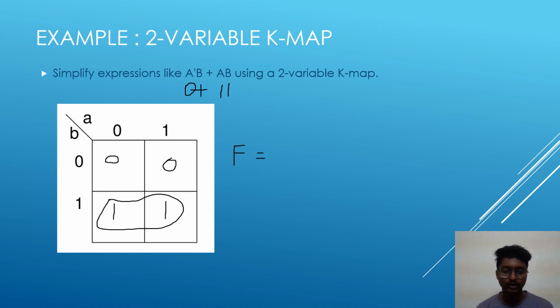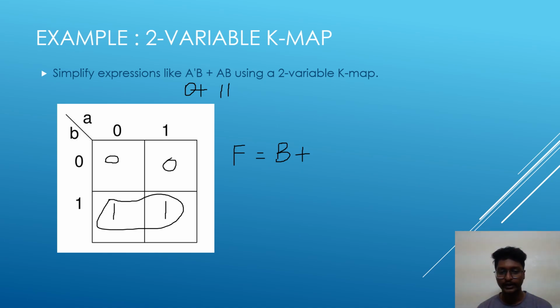So we consider that this group is in a single column and it occupies 2 rows. First we'll consider the column. Since the column value is 1 and it is pointing to variable B, we are taking it as B. Since in the row it occupies 2 rows, 0 and 1, we should ignore it if it is not similar.